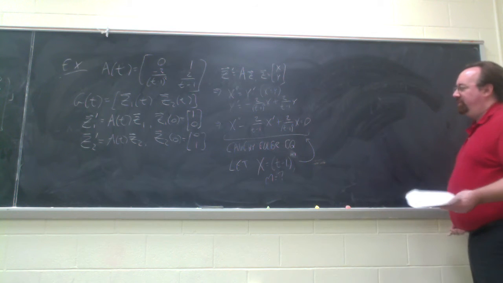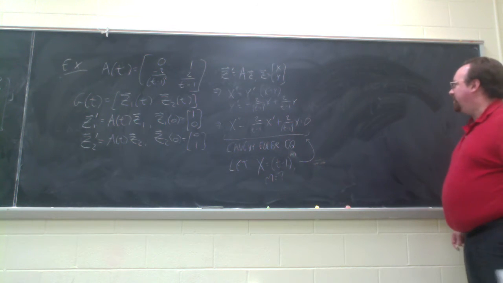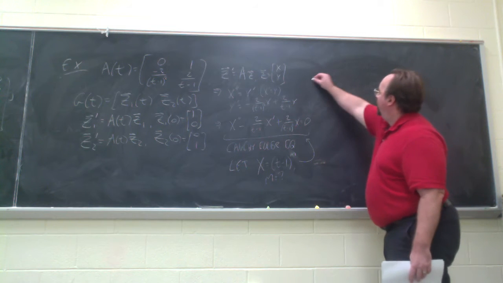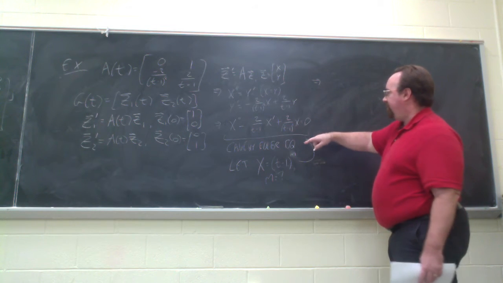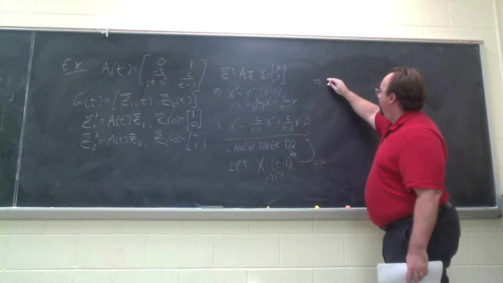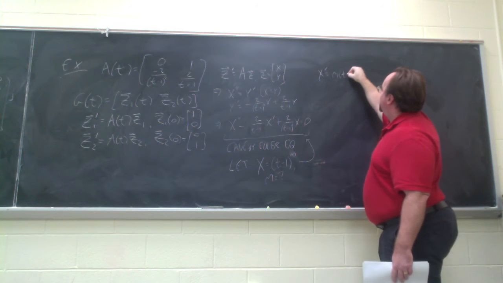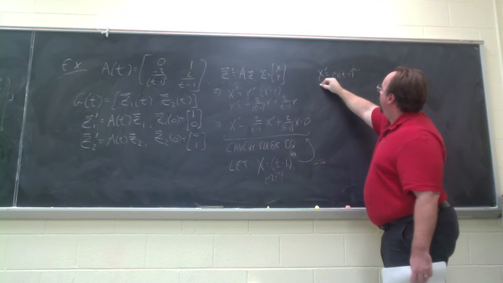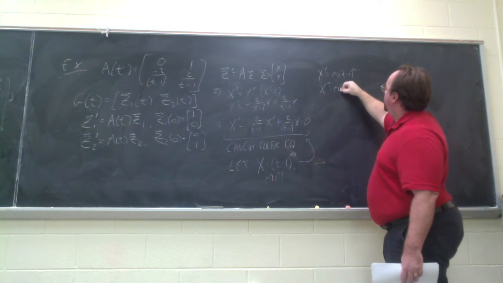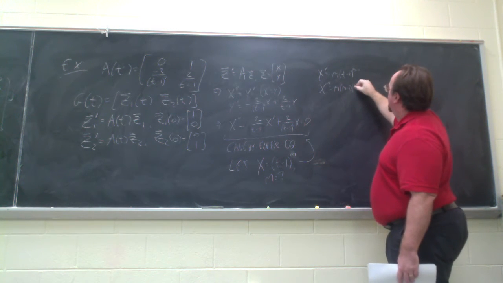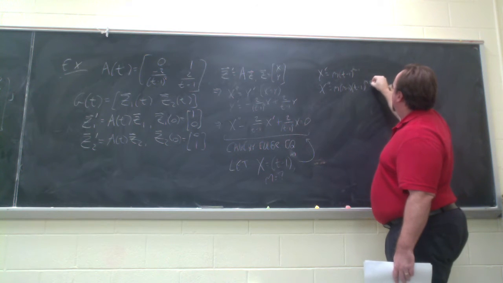And thankfully this is easy to differentiate just using the power rule. So x prime is m times t minus 1 to the m minus 1, and x double prime is m times m minus 1, t minus 1 to the m minus 2.